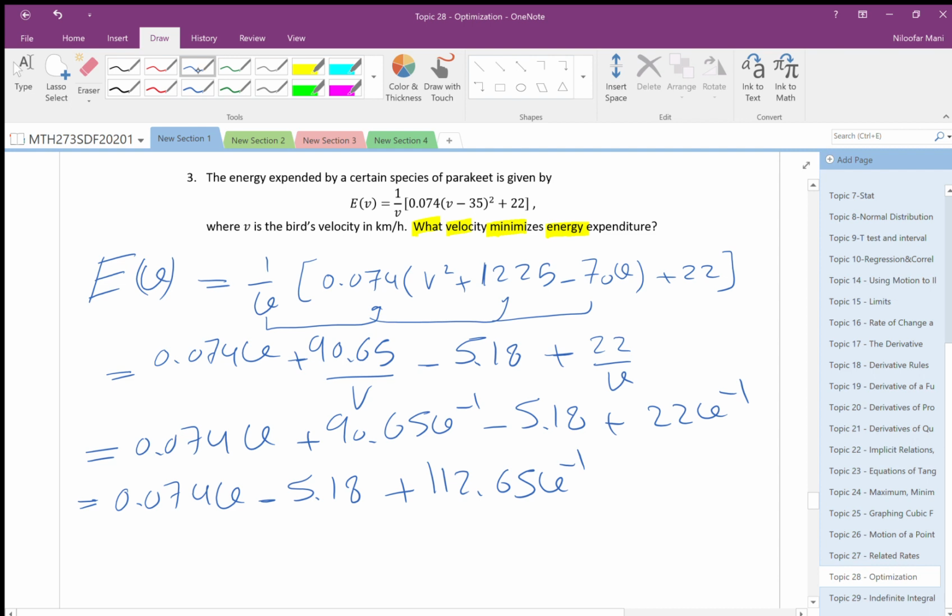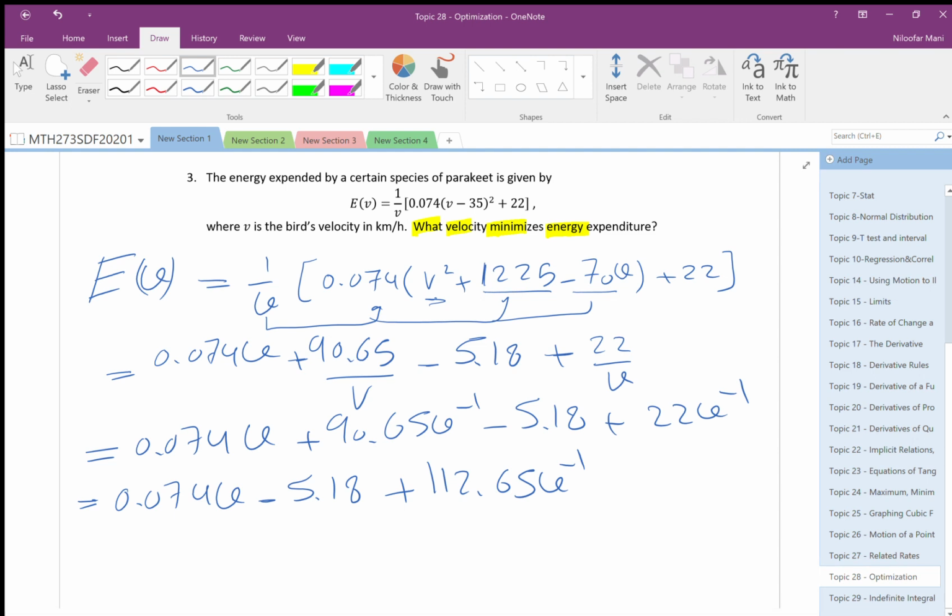Okay, so I can make sure that I'm doing it correctly. It's v squared, plus this, which is a squared, minus 2 times that, and then 22, and then I multiply them. This and this v cancel. 1225 times 0.074 is 90.65.